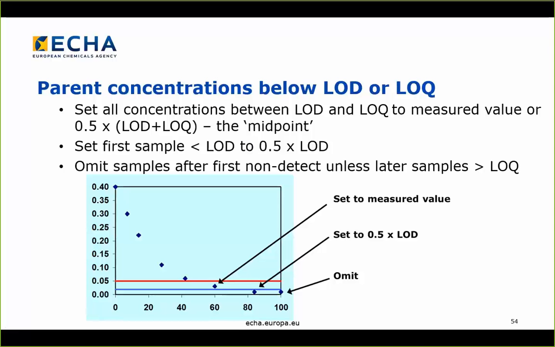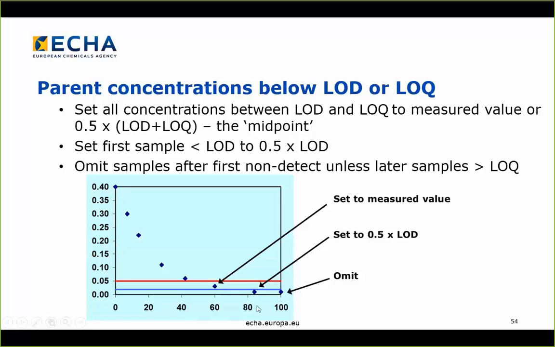However, especially in older studies, if it's reported as less than the LOQ, you would take the midpoint. So you would add the LOD and LOQ together and divide by 2. When you come to less than LOD values, we only use the first data point after less than LOD.